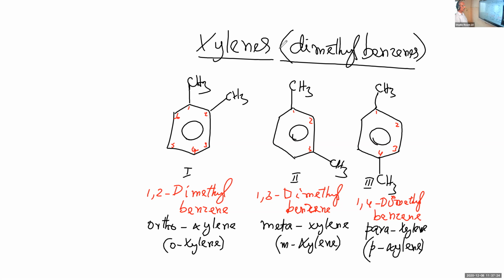So ortho, small o. Meta, small m. Para, small p. These are the three isomers of xylene. Is it clear now? Now I am going to ask you a question.